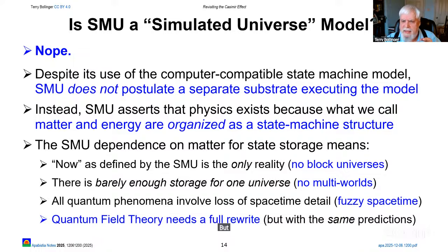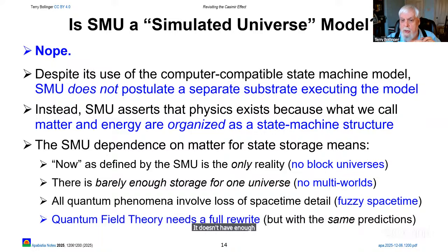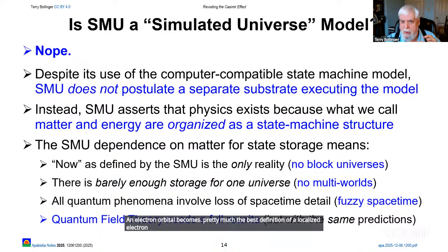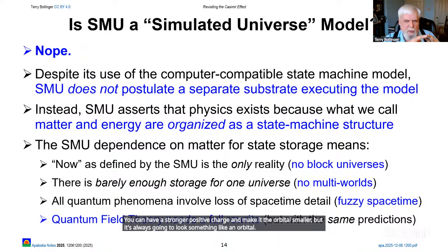But it's just saying that that's the best the electron can do with the mass and energy it has. It doesn't have enough mass to get any sharper than that. An electron orbital becomes pretty much the best definition of a localized electron you're going to get. You can have a stronger positive charge and make the orbital smaller, but it's always going to look something like an orbital. So it's a different way of looking at that.